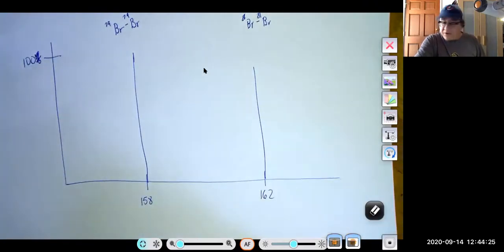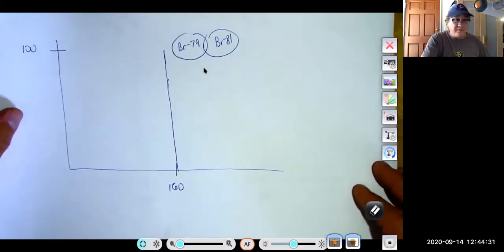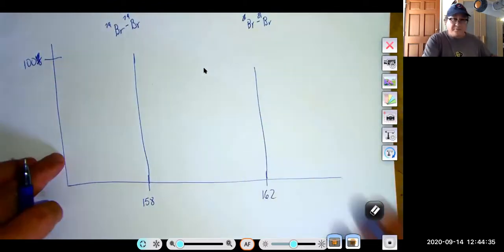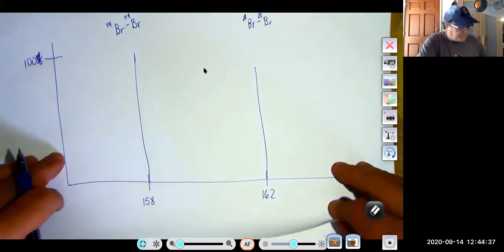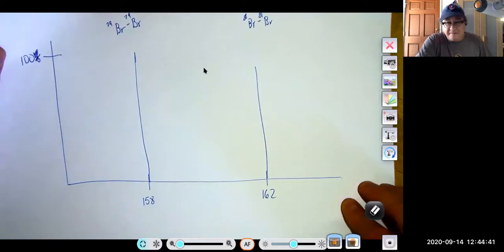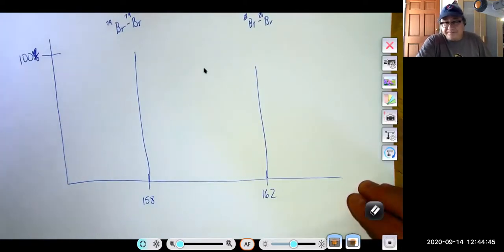So these are the two hypotheses we have. This is the mass spectrum of Br2. Boom, or boom. So which hypothesis is better? And the answer is neither. Neither's better. They're both based on prior knowledge.